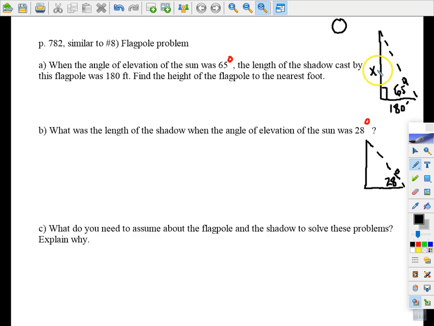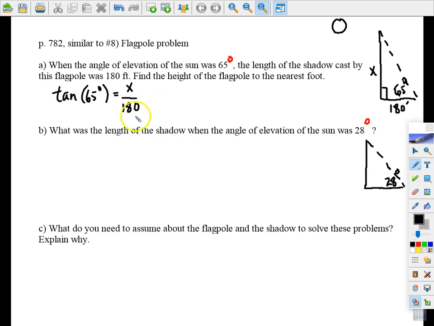So let's think about the trig ratio that involves opposite and adjacent. And hopefully you remember that that's tangent. Okay, so we can write this as tangent 65 degrees is equal to the opposite side over the adjacent side.